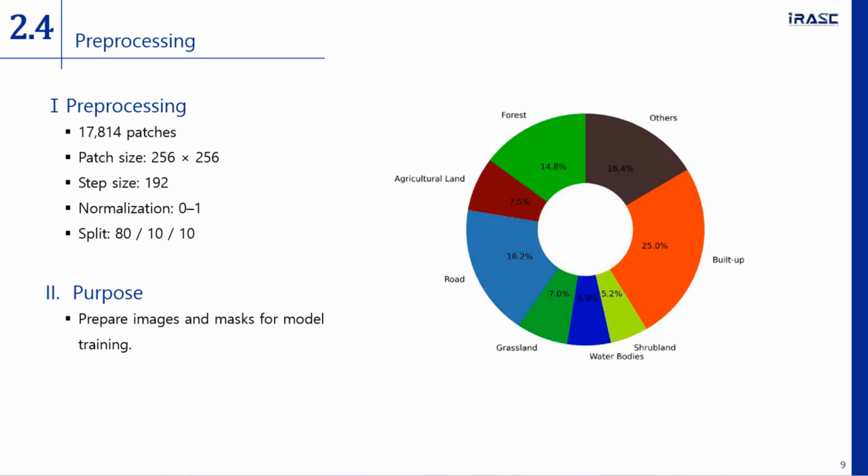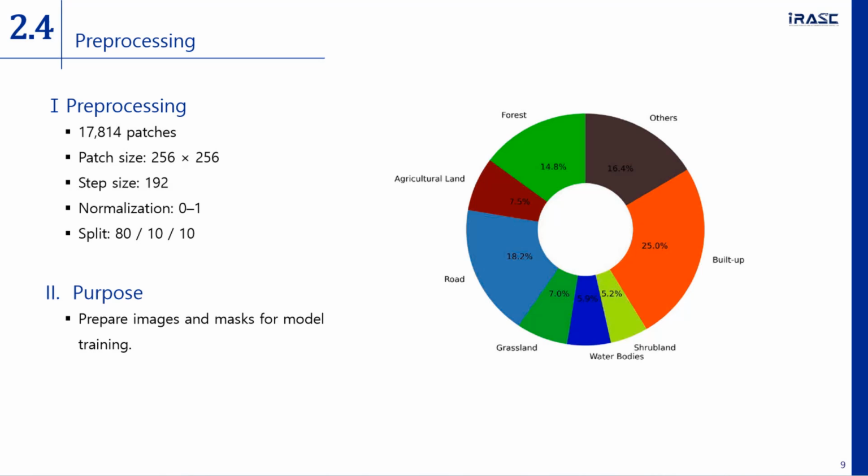After annotation, the authors performed data pre-processing. First, they used patch extraction. High-resolution satellite images are usually too large to be directly fed into deep learning models. Therefore, the authors cropped large images into smaller patches.